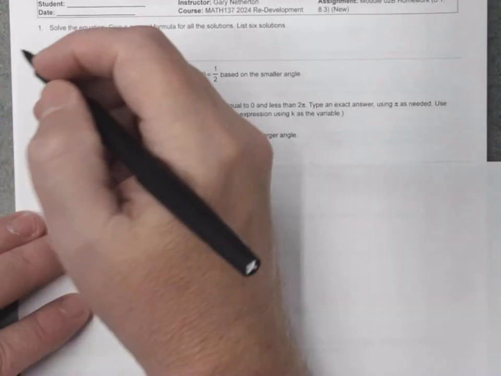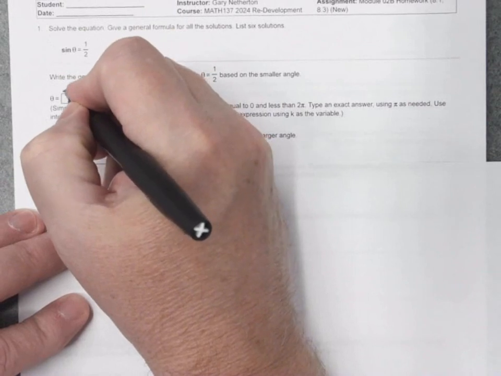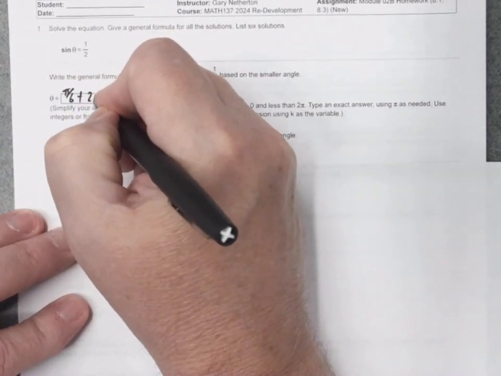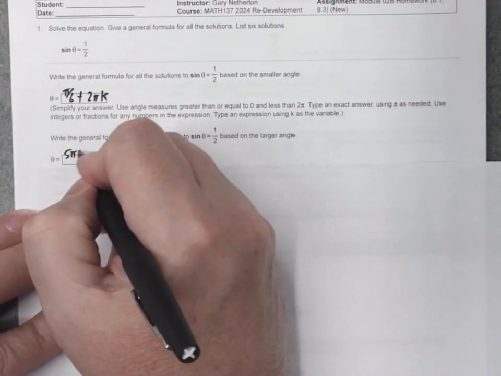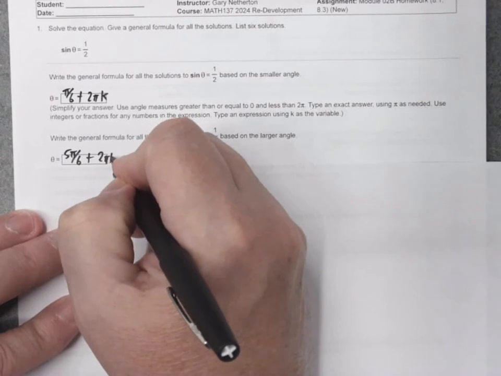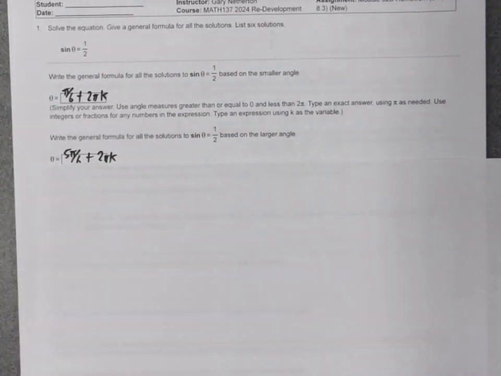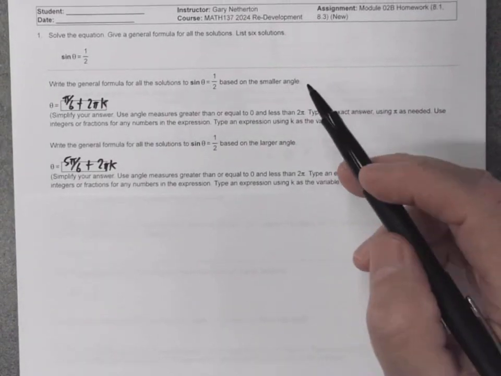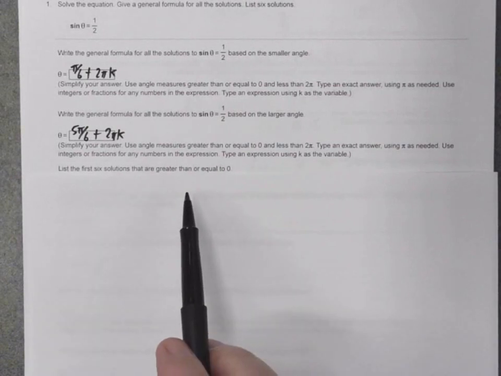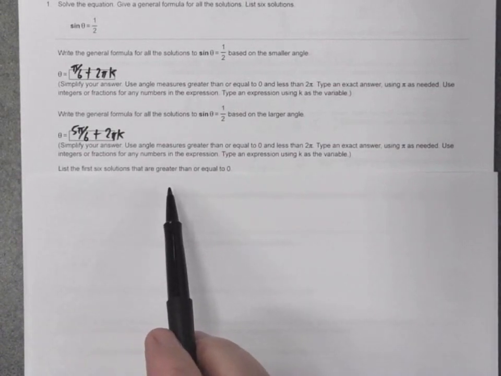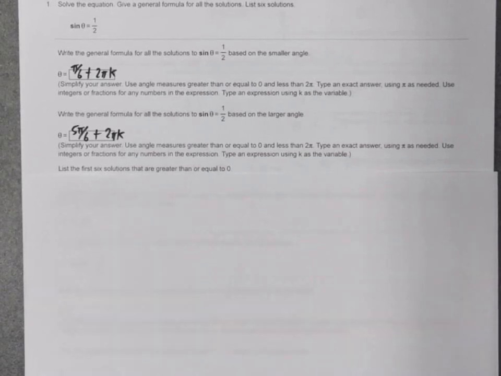So for us, we would put in, for the smaller angle, since pi over 6 is a smaller angle, and then for the larger angle, So these are the two general solutions, and then the second part of the question lists 6 solutions. Then they want you to list the first 6 solutions that are greater than or equal to 0. And here's what you want to do.